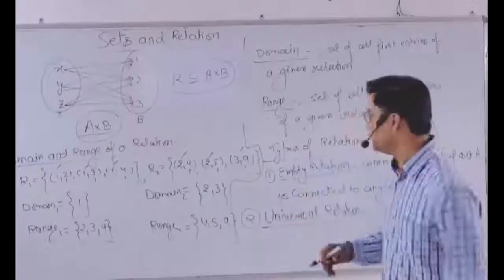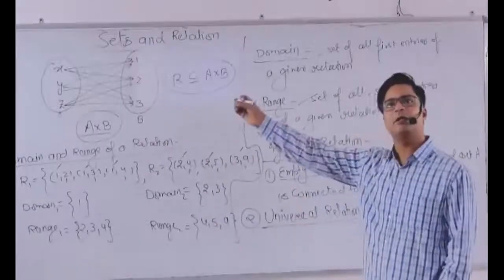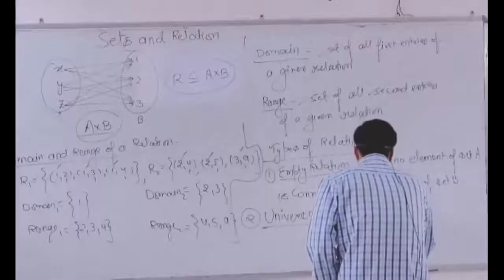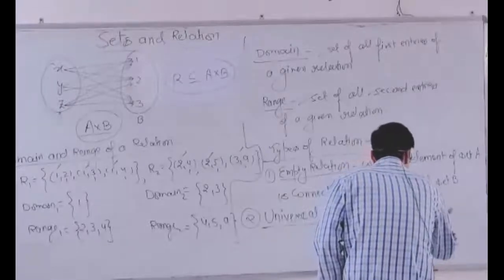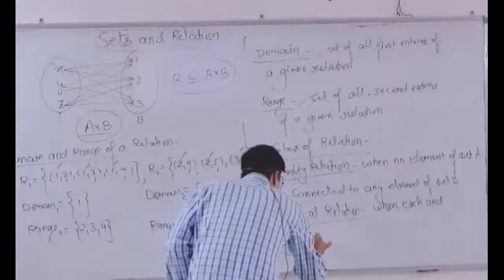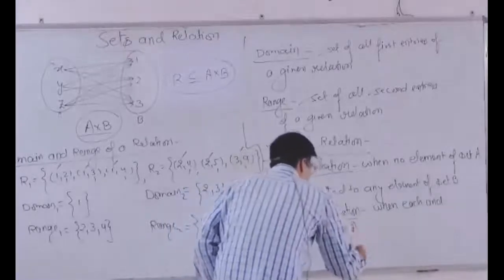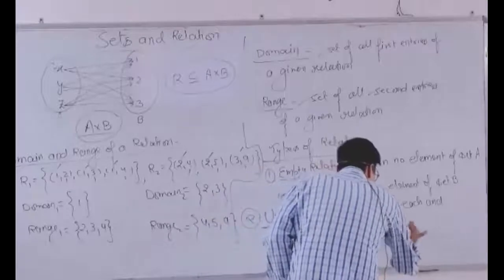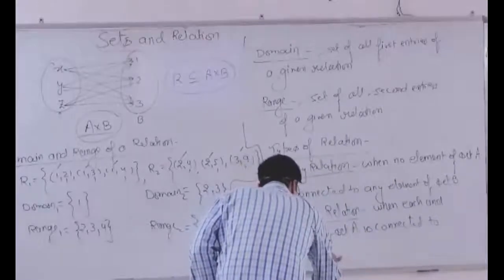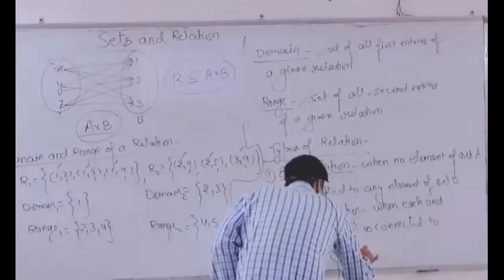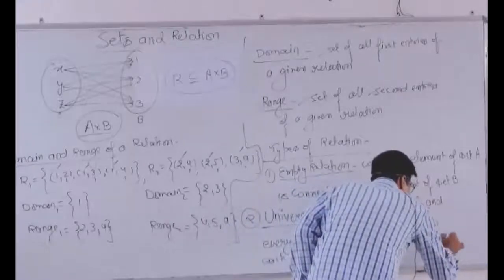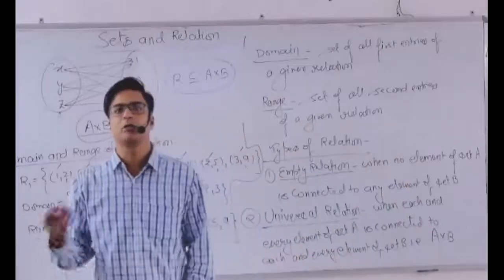Now A cross B is nothing but my universal relation, when each and every element of set A is connected to each and every element of set B. That means we are talking about A cross B itself. A cross B is your universal relation.